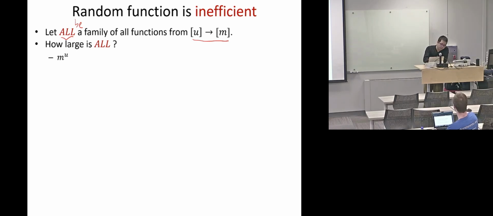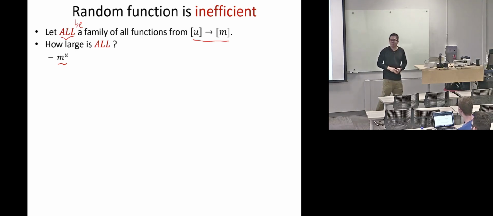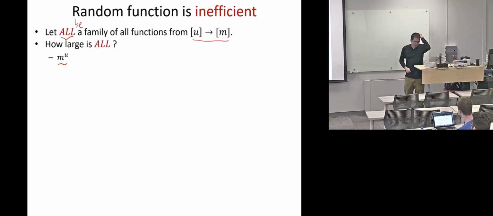Well, it's going to be M to the U. For each thing in the universe, it has M choices. If there are 2 guys in the universe, this would be M squared, but there are U many guys in the universe. So there are M to the U many functions.